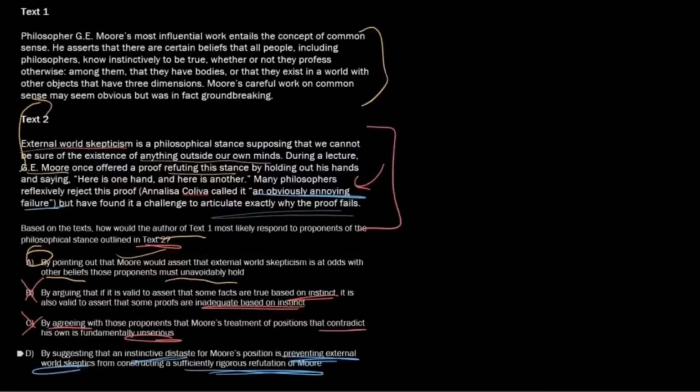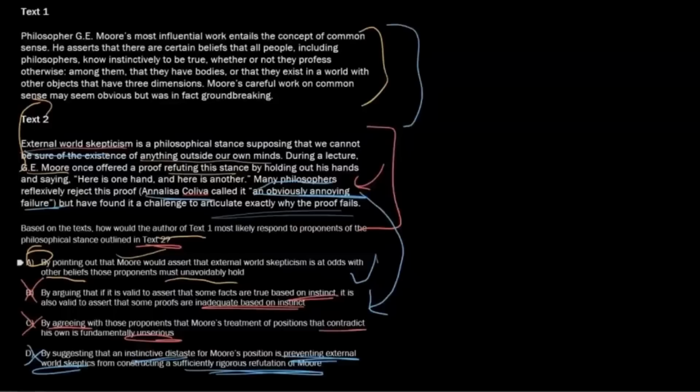Because although they are instinctively distasteful of it, external world skeptics aren't explicitly mentioned here, right? We don't know if she's necessarily specifically an external world skeptic because it just says many philosophers, right? And this is not what this author is arguing here. Okay, this is a better answer.